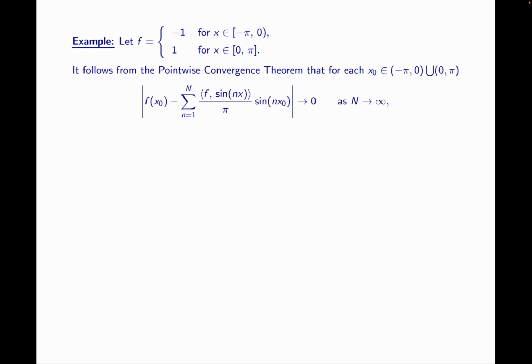It follows from the pointwise theorem that for each x naught in the interior of the domain and not including 0, in other words, the open intervals from -pi to 0 and from 0 to pi, we get pointwise convergence.